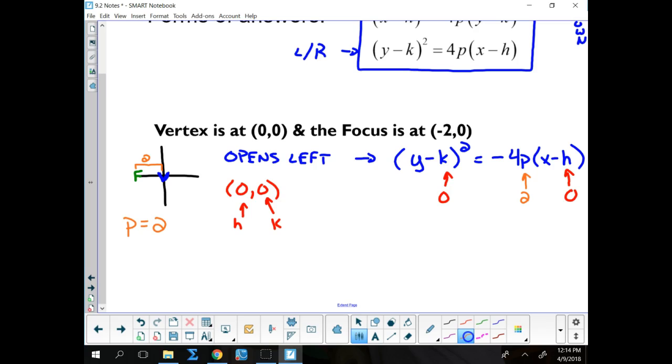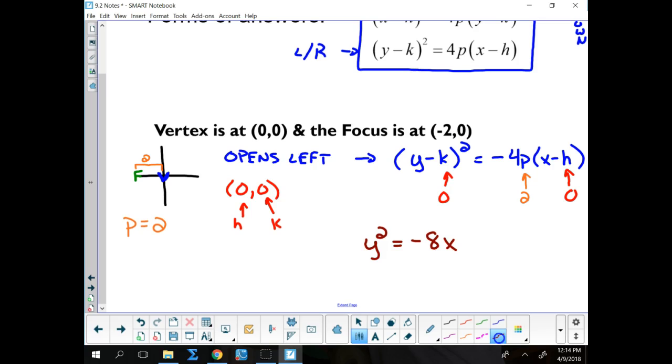No. Okay. So my equation here is y minus 0, so we'll just call that y squared, equals negative 4 times 2, negative 8, times x minus 0, which we'll just call x.